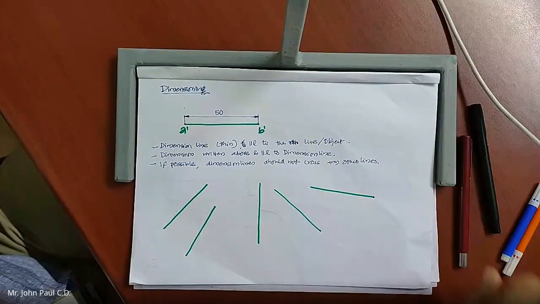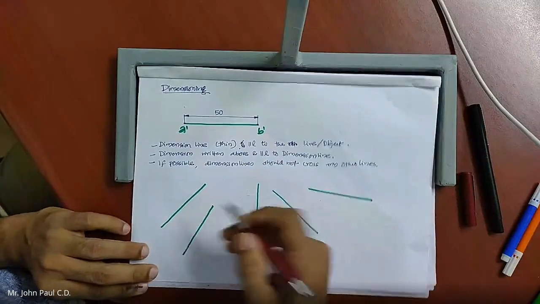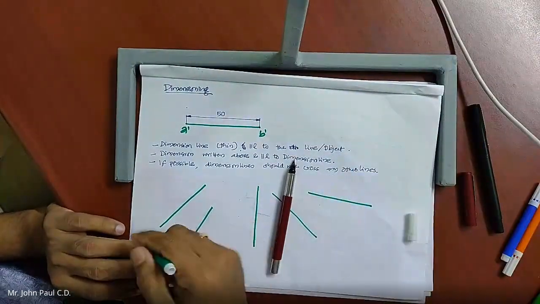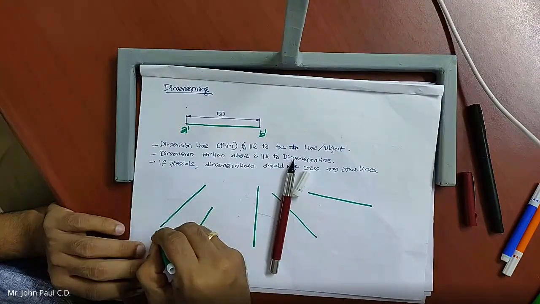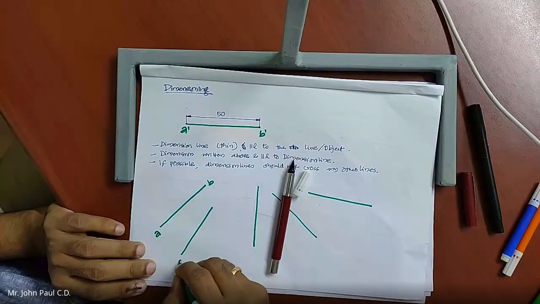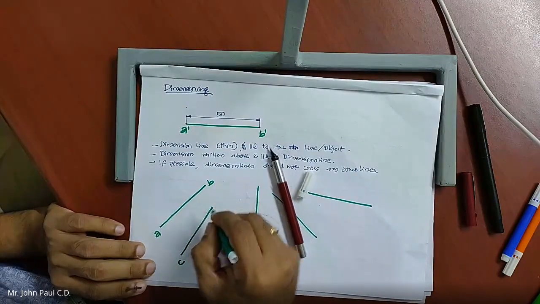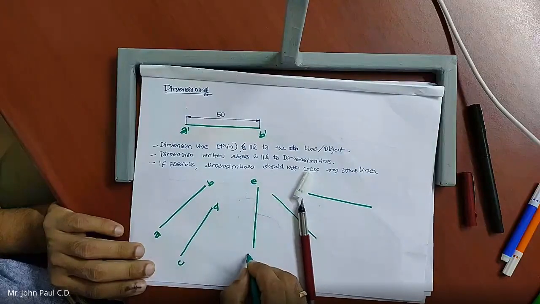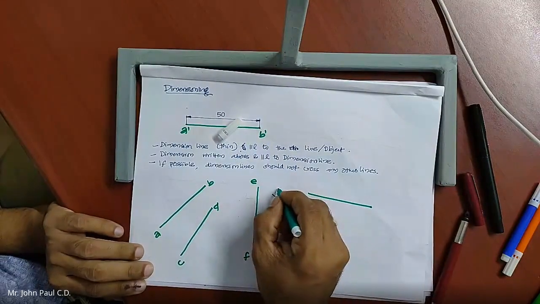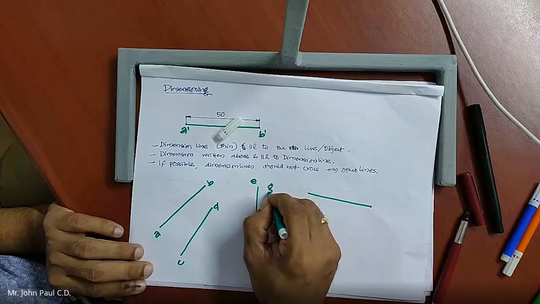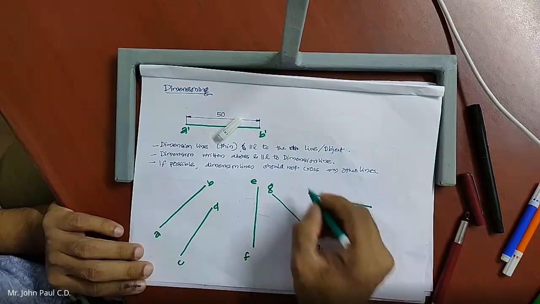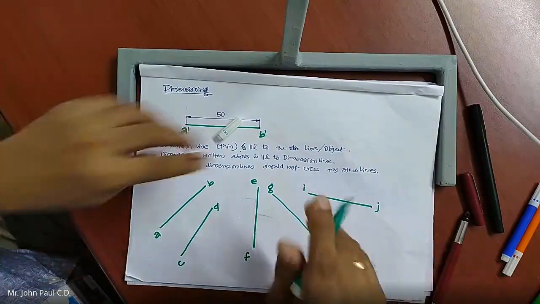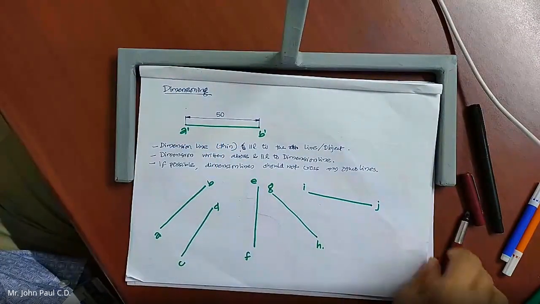So the dimensions are marked. I will name the lines as A, B, this is C and D, this is E, F. This is G, H. This is I. This is J.